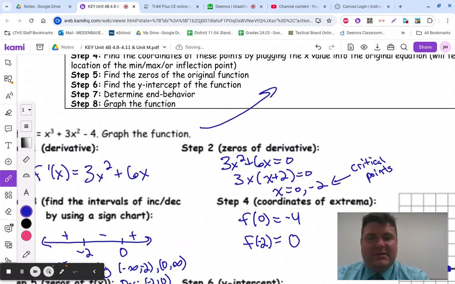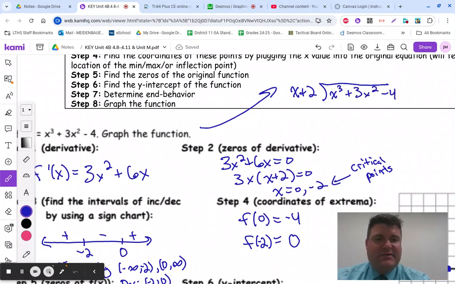So if I use long division, hey, look, this is a review for you. I can take out a factor, and then everything else should factor nicely for me. So I'm going to get x squared up here. X squared times x is x cubed plus 2x squared.